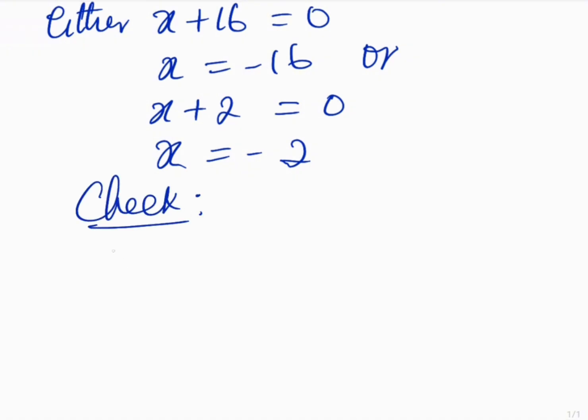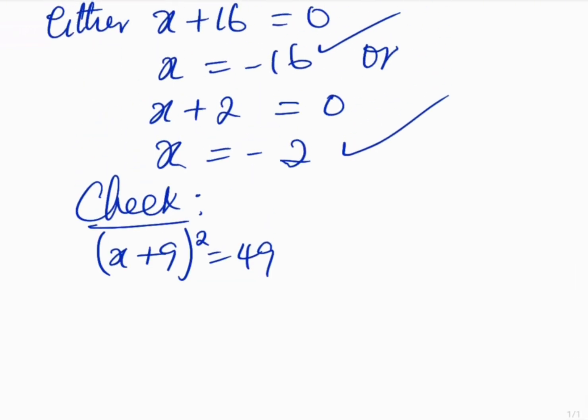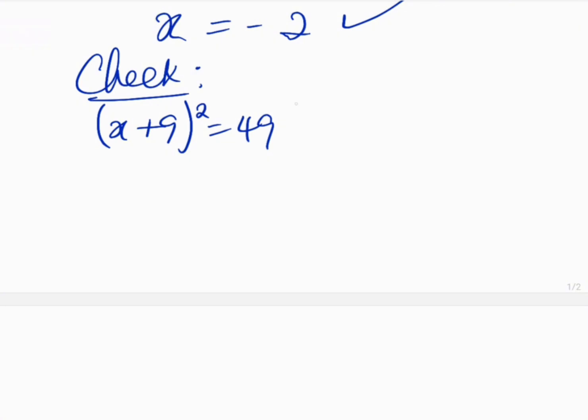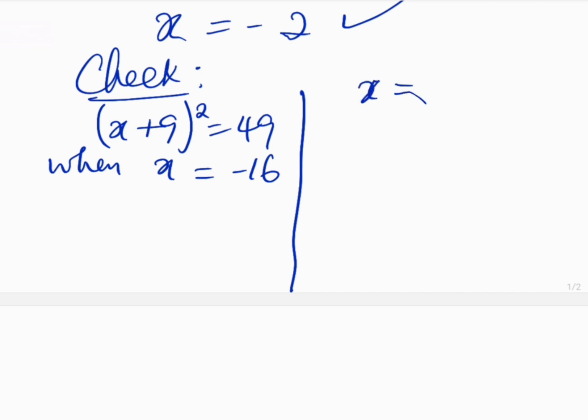Remember that the equation we have says (x + 9)² = 49, right? And we got our x as negative 16 and negative 2. So let's do the checking in two ways. So here, when x is equal to negative 16, we now have (-16 + 9)².